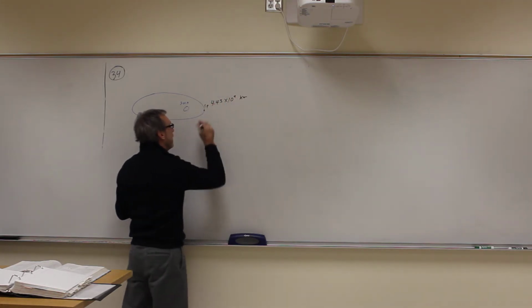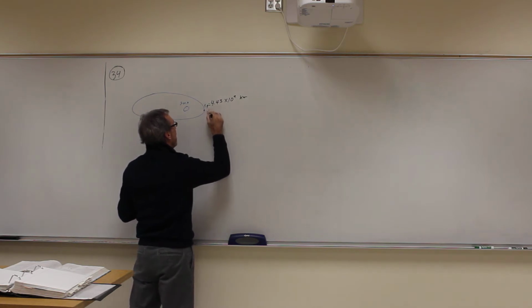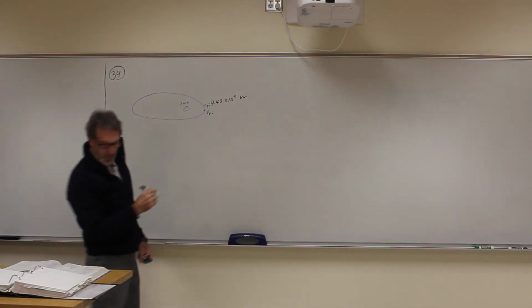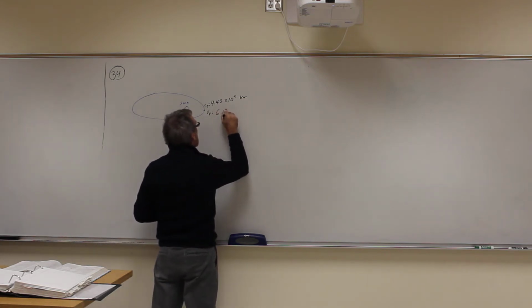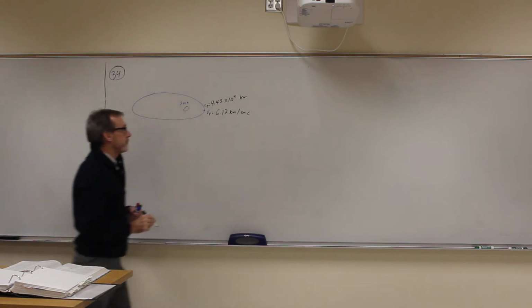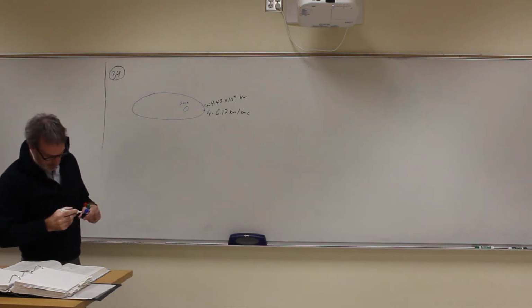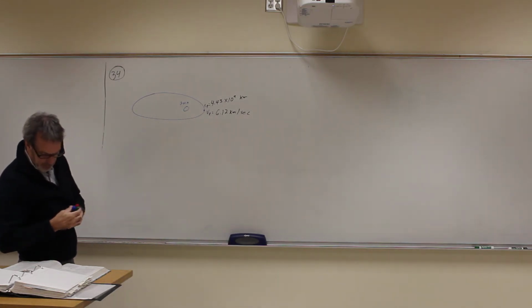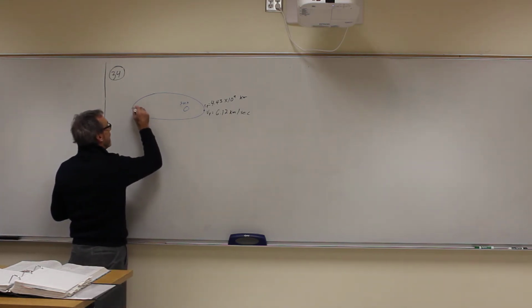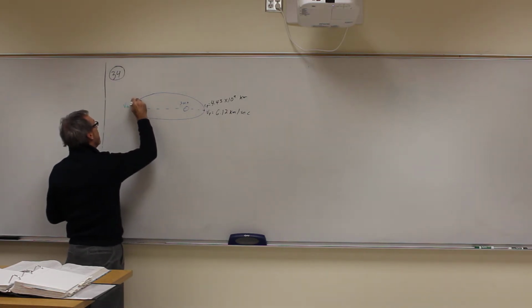And its velocity at perihelion, we're also given. It's going 6.12 kilometers per second. And we want to know what Pluto's speed is at the aphelion point on here. So velocity at aphelion is what we're trying to find.